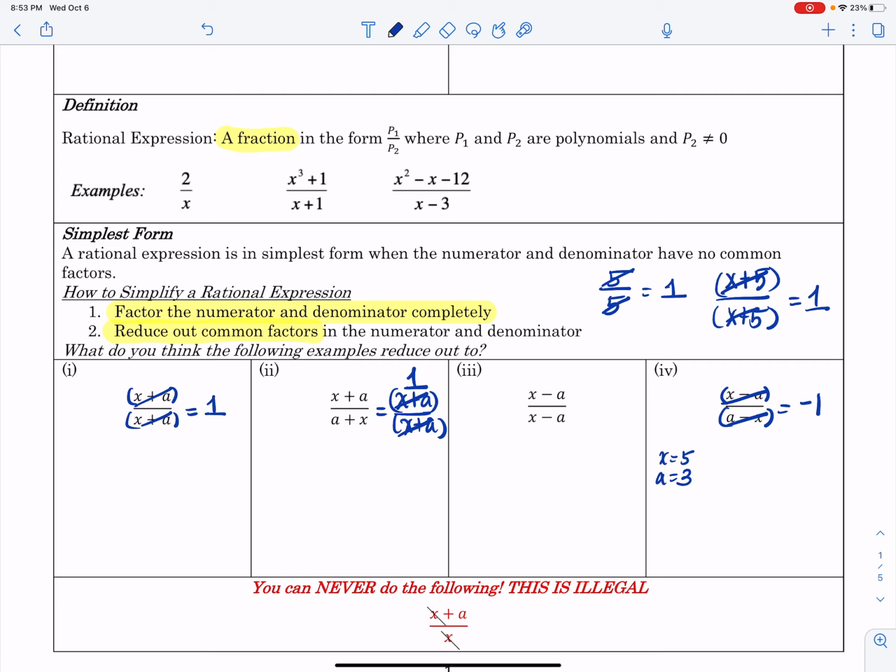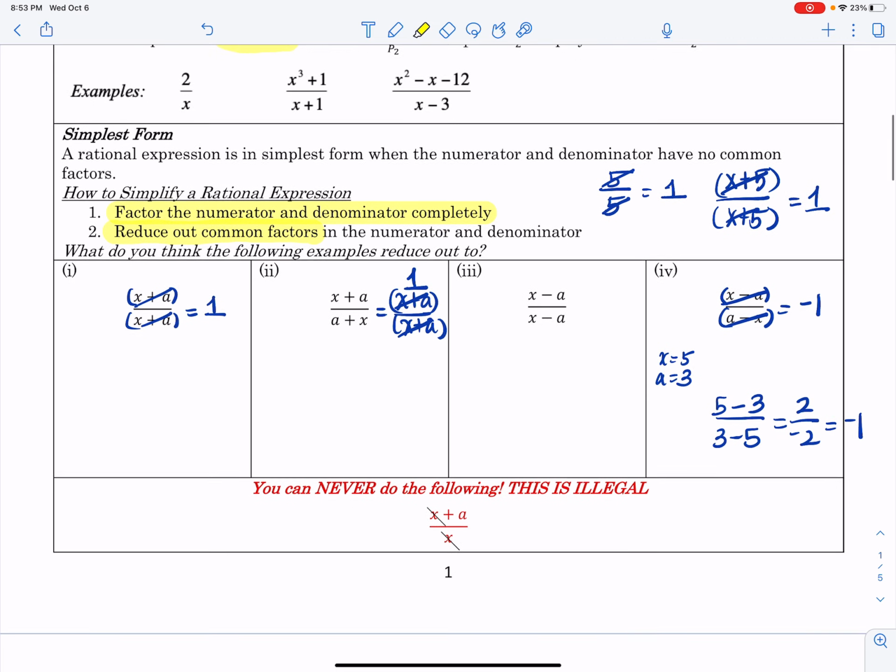If I were to actually subtract them, maybe I do 5 minus 3 over 3 minus 5. You'll see that this would reduce to be 2 over -2, or -1. Pick any other number for the x and the a, and you'll see the exact same thing happen. So again, this is a special case. Two terms, reverse order with a subtraction sign in the middle, those can cancel out to be a -1.